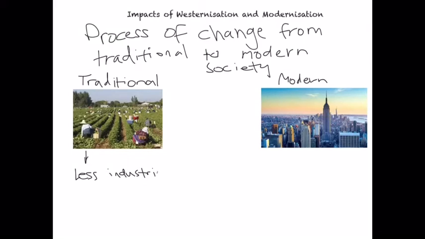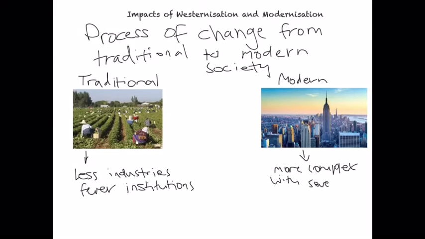What makes them traditional is that there's less industries and fewer institutions. So they might have basic ones like local government and some schooling, whereas more modern societies have much greater institutions and therefore are seen to be more complex. And there are several industries, and the industries and institutions are backed off each other.